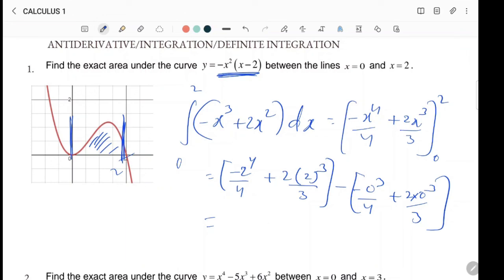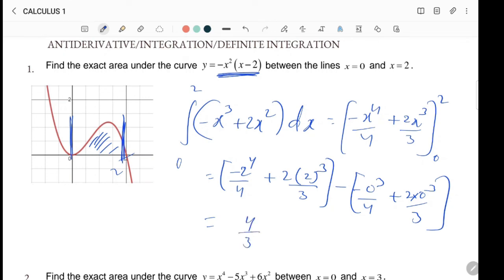Okay, so that part we need to find first. Minus 2 to the power 4 over 4, and then plus 2 times 2 to the power 3 over 3.